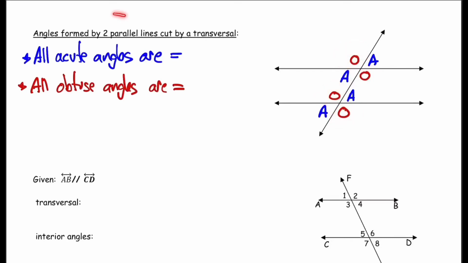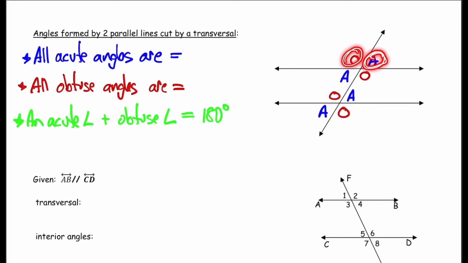And there's one more thing that we need to know, and that is an acute angle plus an obtuse angle equal 180 degrees. So if I were to pick this acute angle and that obtuse angle, they add up to 180, which is easy to see because they form this straight line.